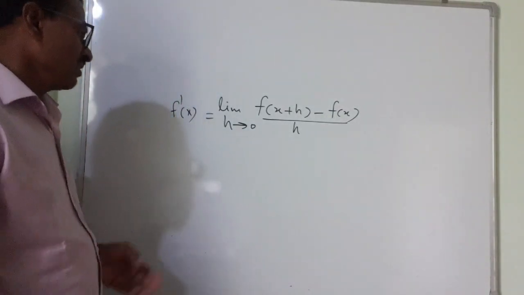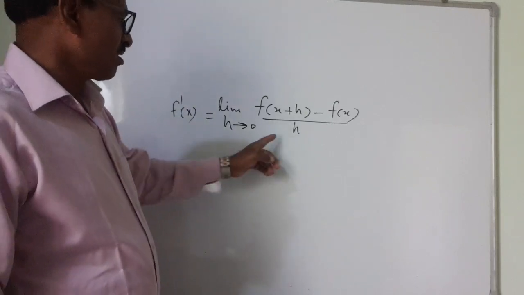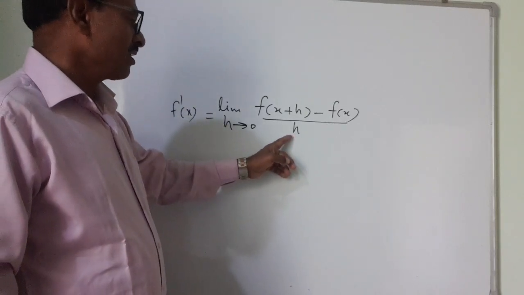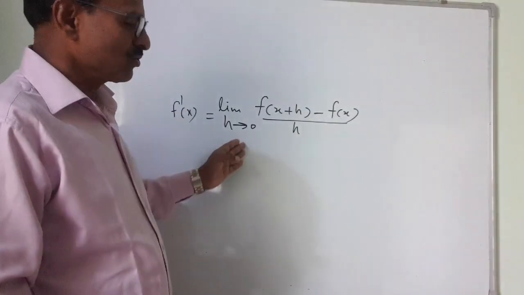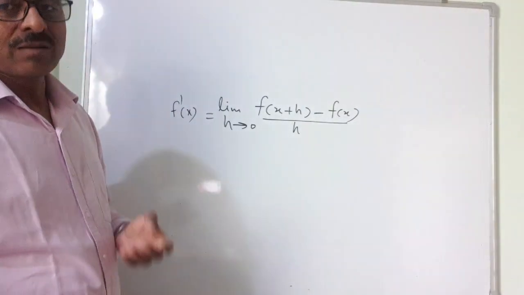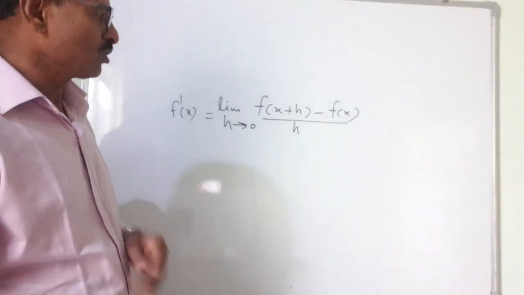Now see how many parts we have done. We have done very small parts, infinite parts. As h tends to 0, h is almost 0, not equal to 0 but almost 0.